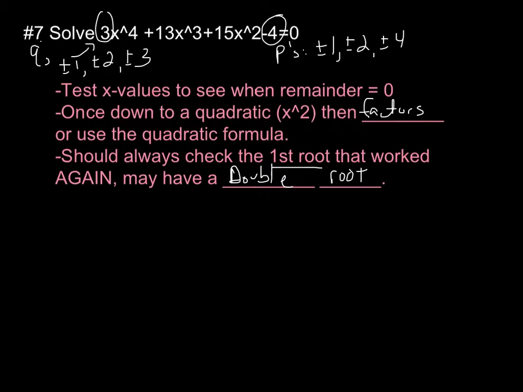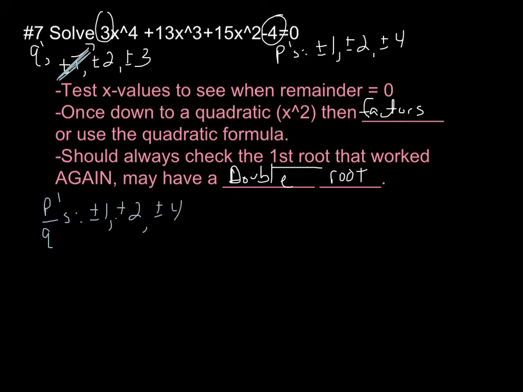Alright, so now we need to list all our possible rational roots, p's over q's. So take each p, 1, 2, and 4, and put it over each q, 1, 2, and 3. And this can be a little tedious, but at least we're giving ourselves a shortcut. Plus or minus 1, plus or minus 2, plus or minus 4. So I've put everything over 1.